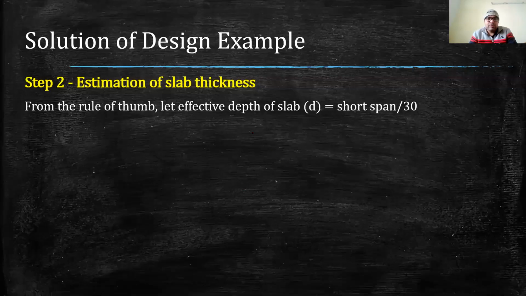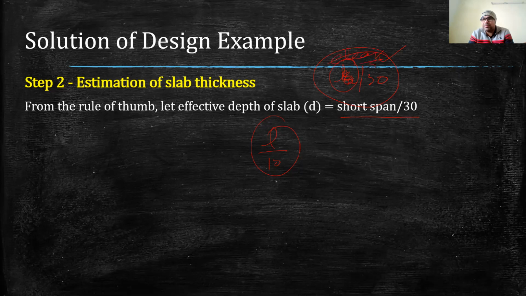generally we can make our first estimation for the effective depth of slab as short span by 30, which means LX by 30. For the beam, we generally have L by 10 as an estimate, and for the simply supported slab, we can take LX by 30 as a thumb rule. LX means short span; here it should be the clear short span.